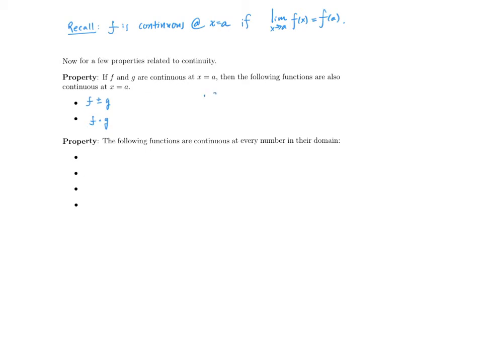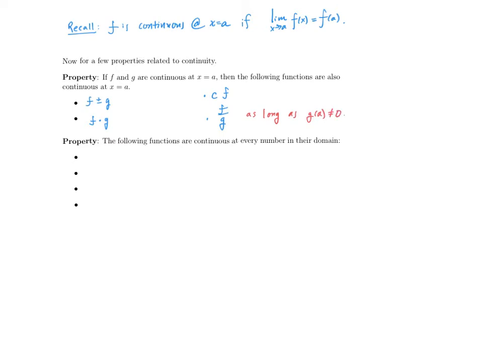You might take a constant multiple of the function, or you might take a quotient, f divided by g. And all four of these functions, maybe five if you want to count the plus and minus, will be continuous also at x equals a. With one small stipulation, we have to be careful with that quotient: as long as f over g is defined, which means g of a is not equal to 0.